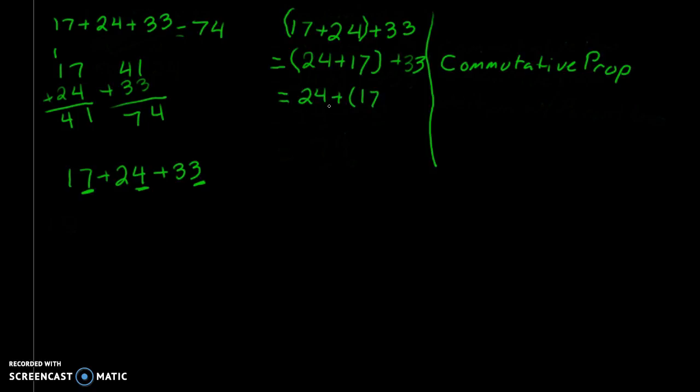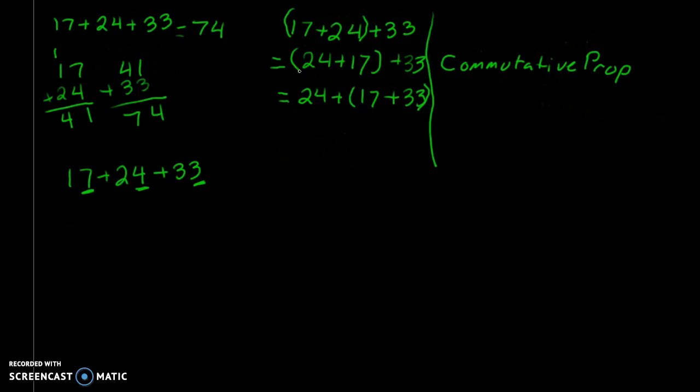So 24 is no longer in parentheses, but 17 plus 33 is. Now we are focusing on these two numbers. This is what we want to add. These two will get us that multiple of 10 that we want.